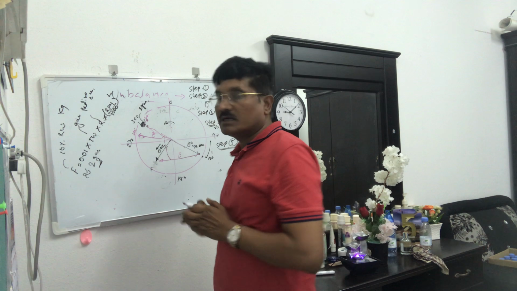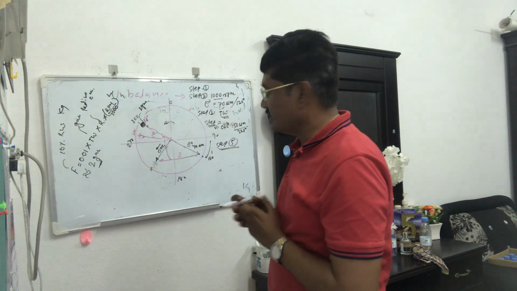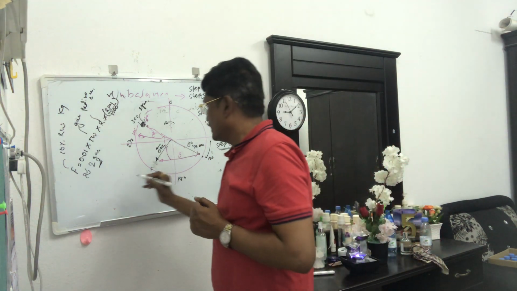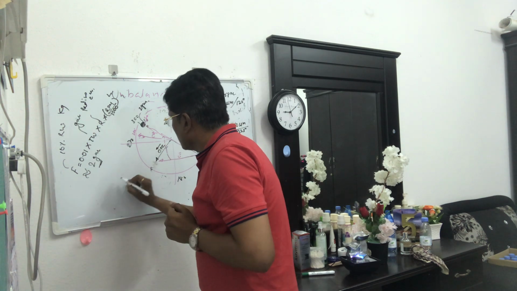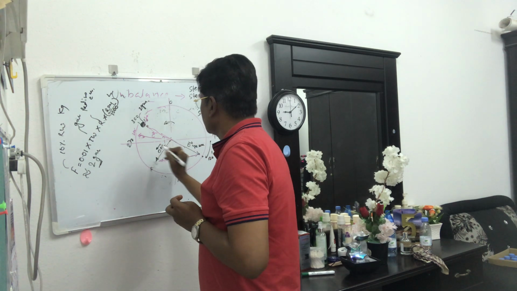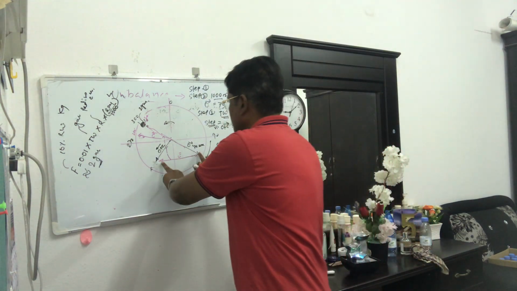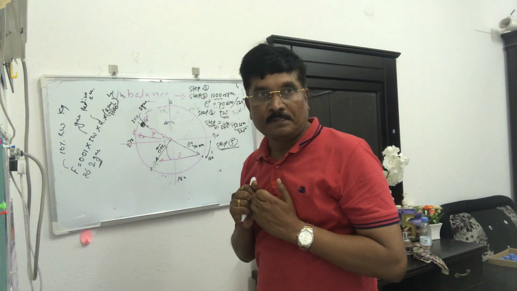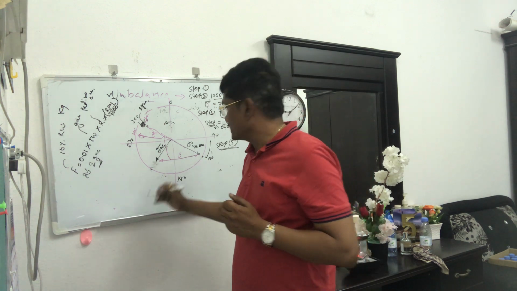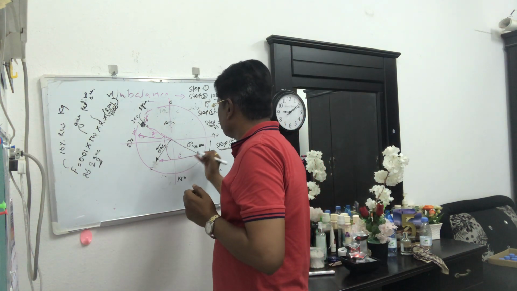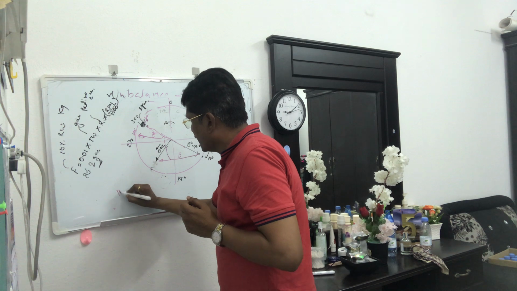Now how much final weight do we have to add? Very simple cross multiplication. We have to measure the vibration of the original O vector. How much did it come to? Suppose it came to about 70 micron.